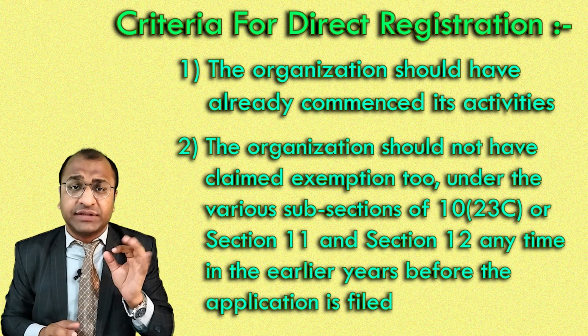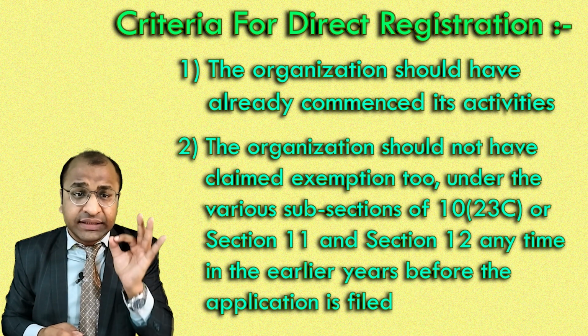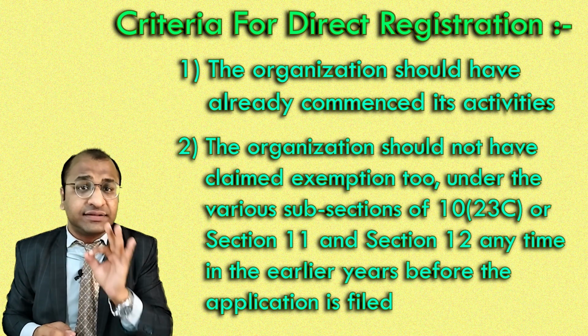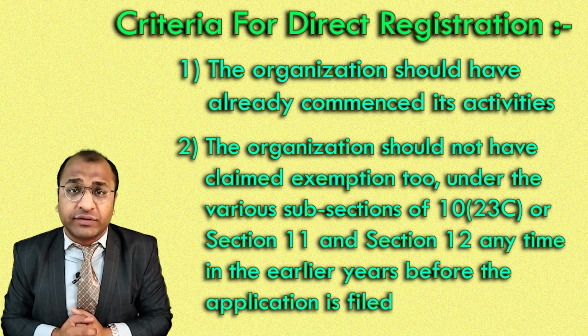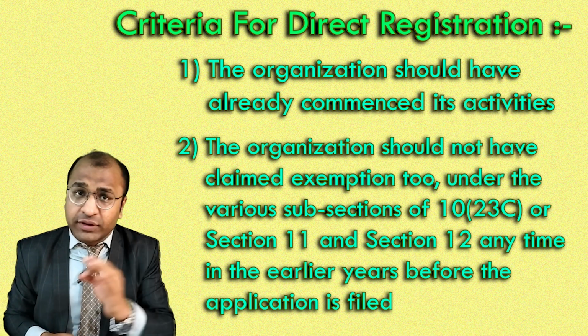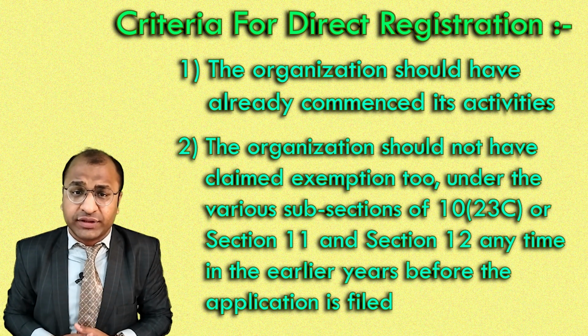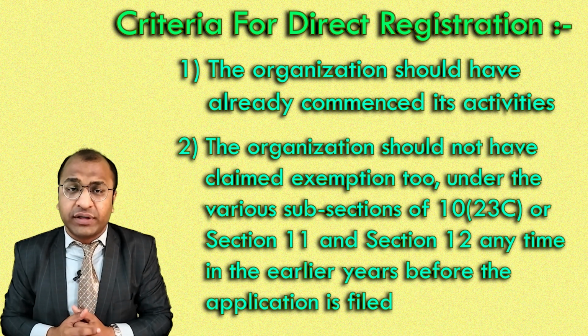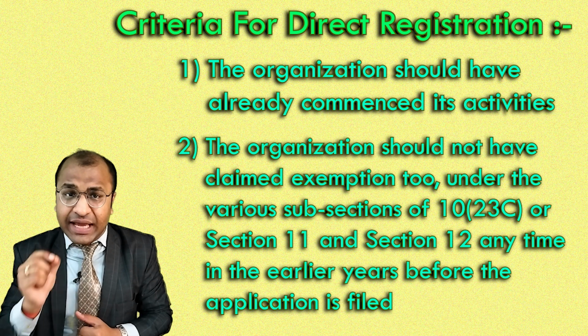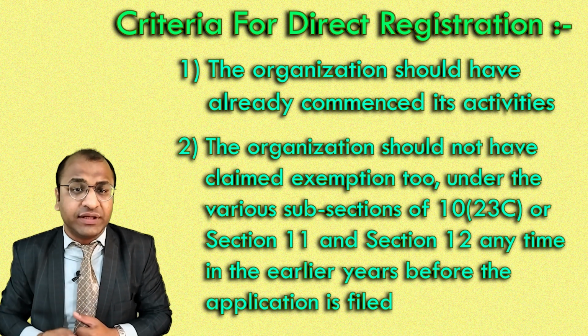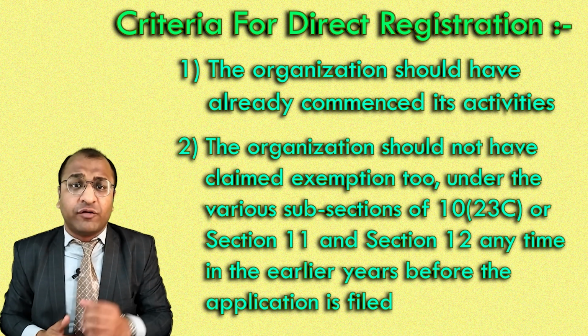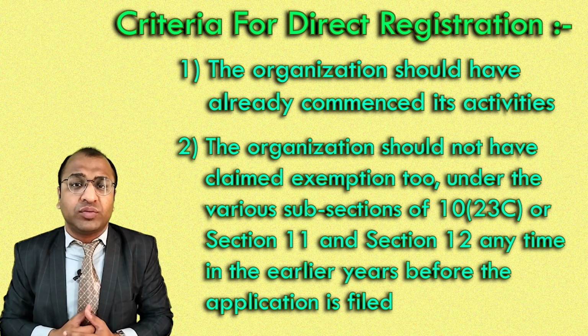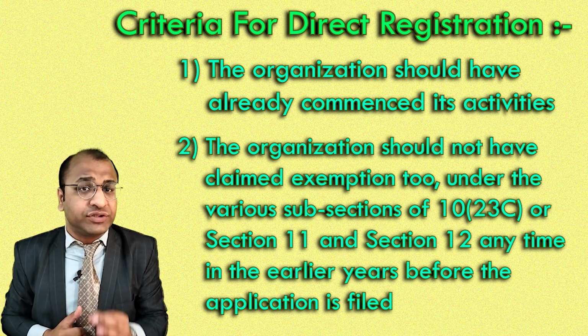I repeat, section 10(23C)(3) and its subclauses are not covered, which implies those organizations running educational institutions or hospitals which claimed exemption under section 10(23C) 3AD and 3AE respectively can still apply for direct registration under section 12AB if they wish to do so.